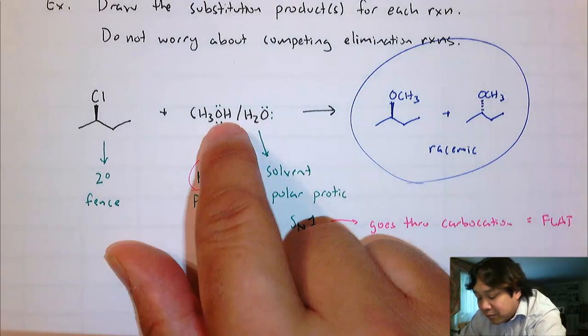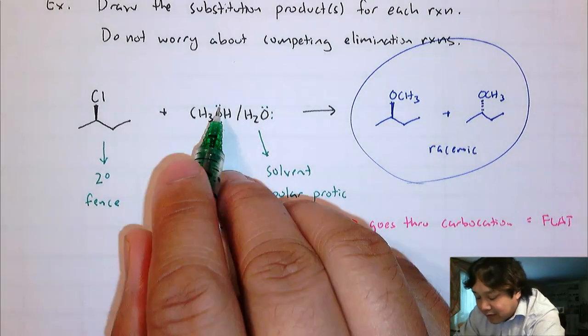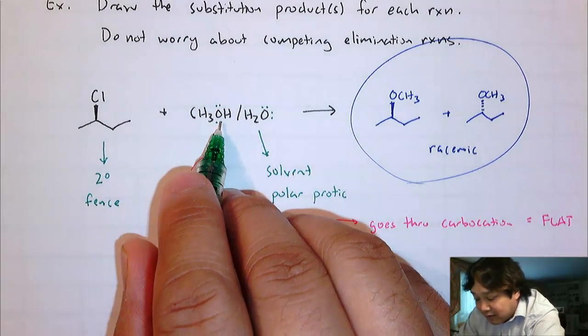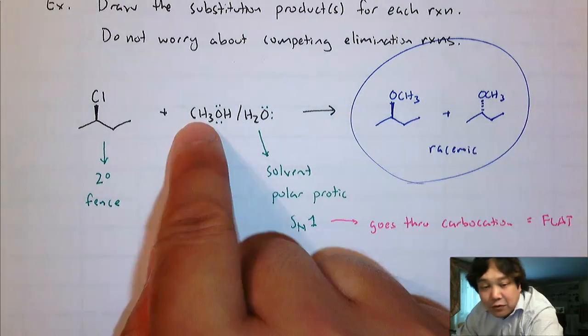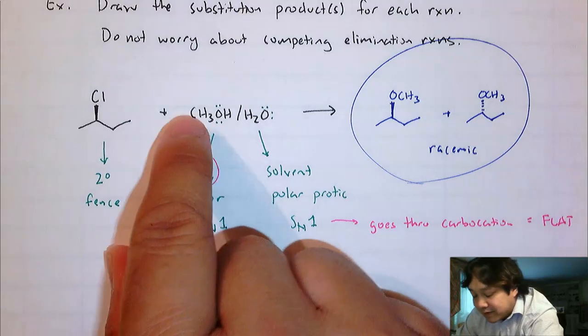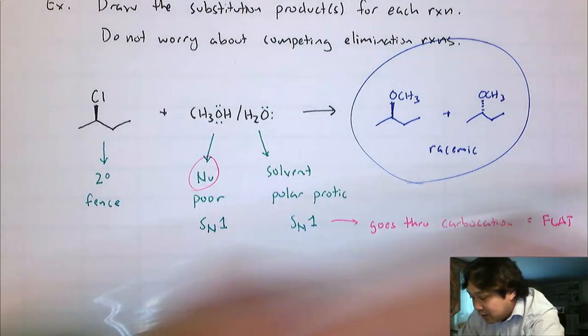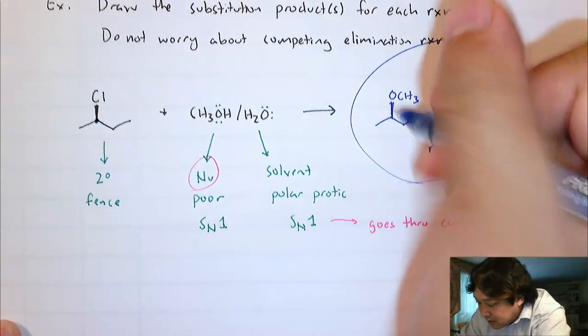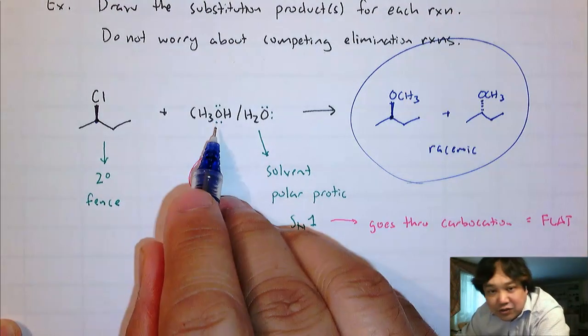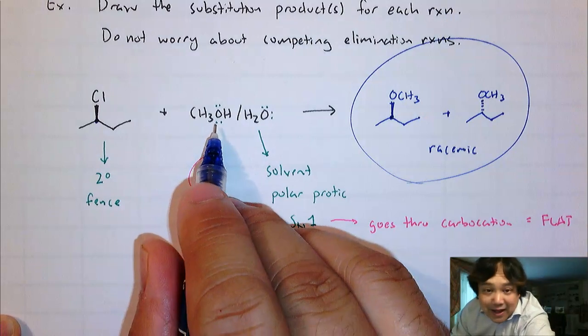They drew the lone pairs because this is the attacker, right? This oxygen's the attacker. A common mistake is that a lot of people do realize that this is a nucleophile, but they put the point of attachment on the carbon. No. It's this carbon dot connected to the oxygen, the atom that was attacking. Okay?